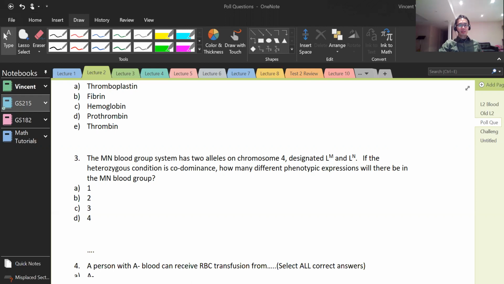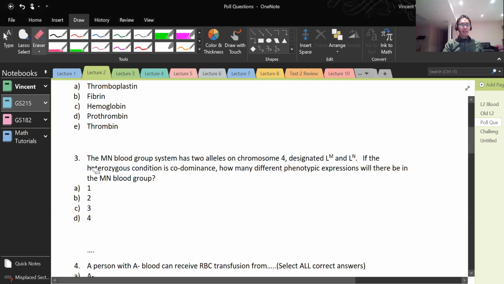No? That's all right. So let's read this again. The MN blood group has 2 alleles, okay? You don't really care what chromosome it is on, but the alleles are LM and LN. If the heterozygous condition is codominant, that means they are both going to be expressed.